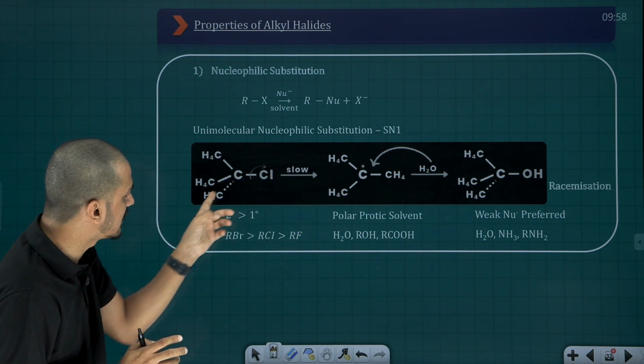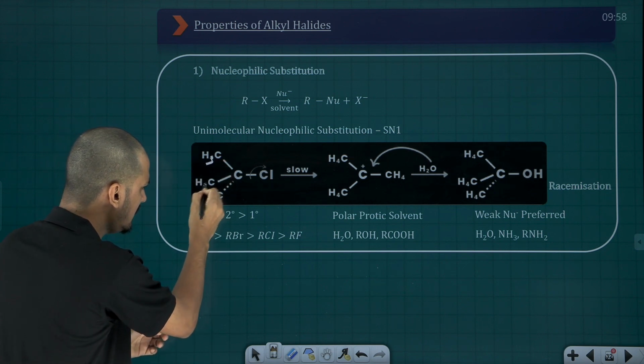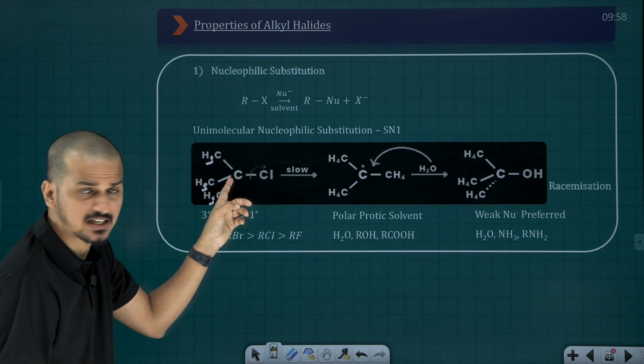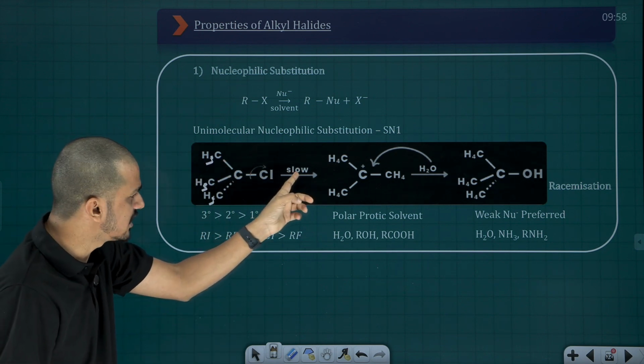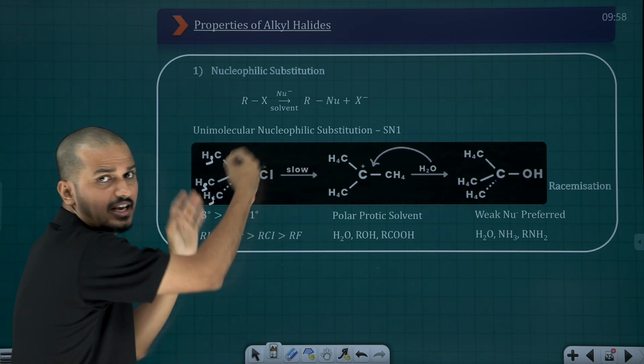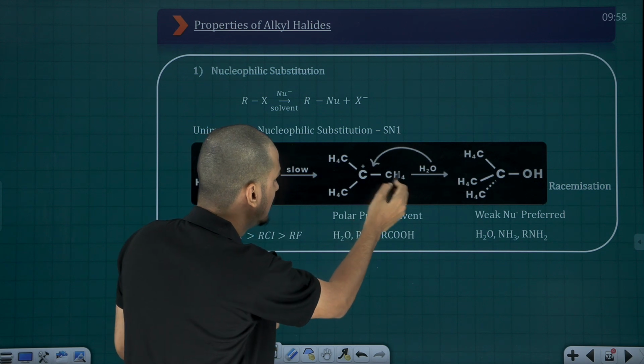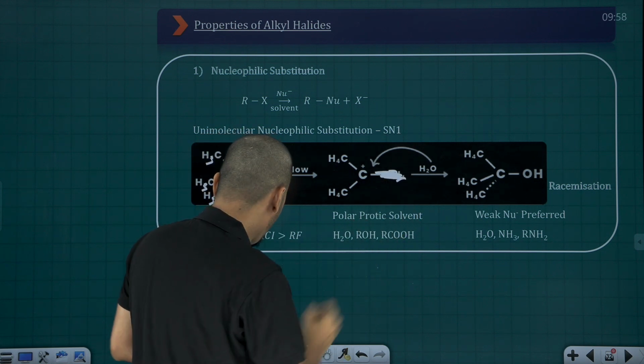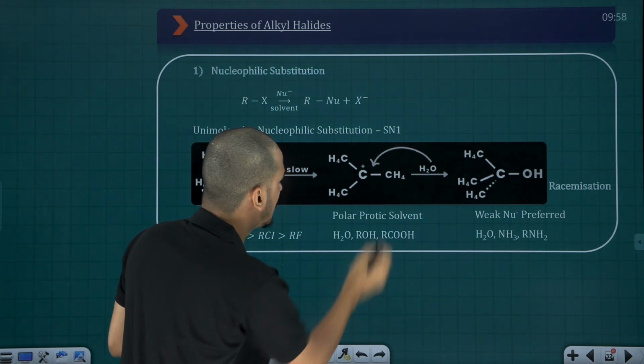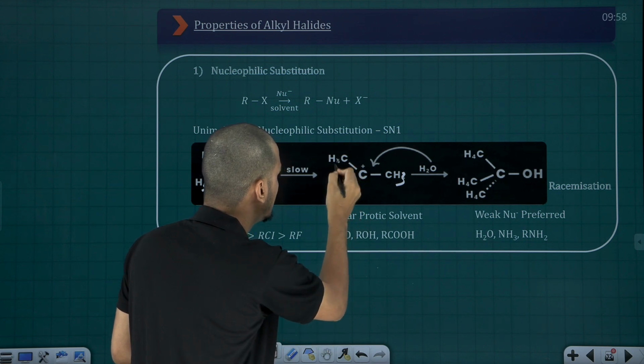Here I gave one example. CH3 connected with a carbon and chlorine. In the first, slow step, the chlorine takes the electron and leaves, and it becomes a carbocation, CH3 and plus.